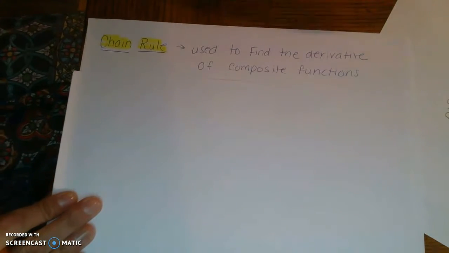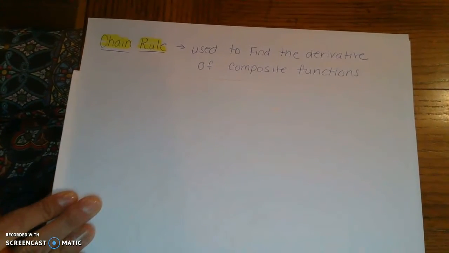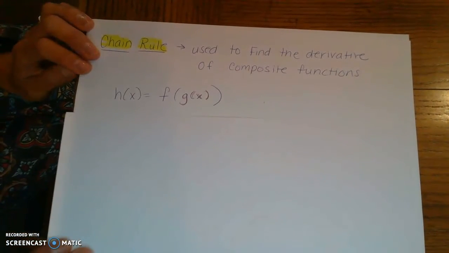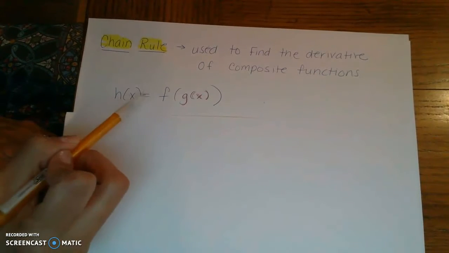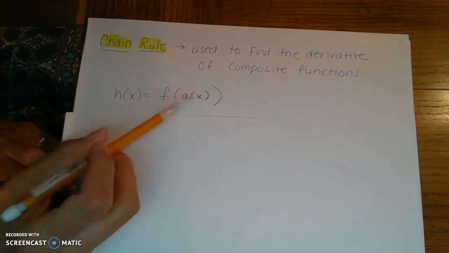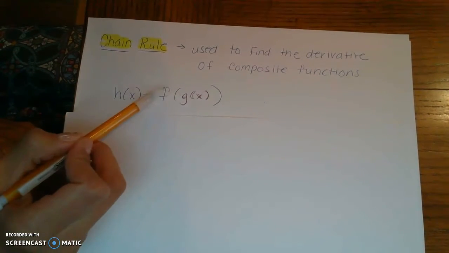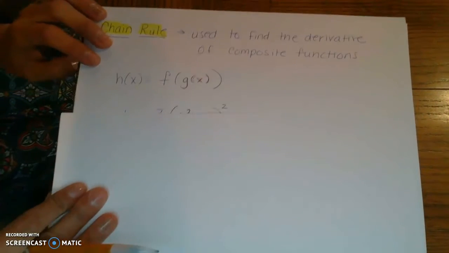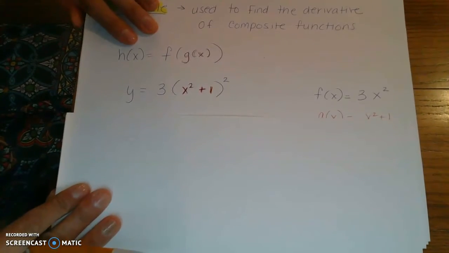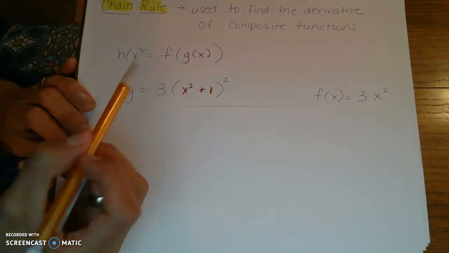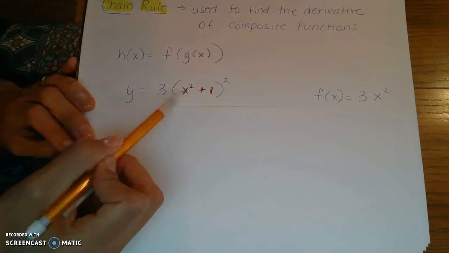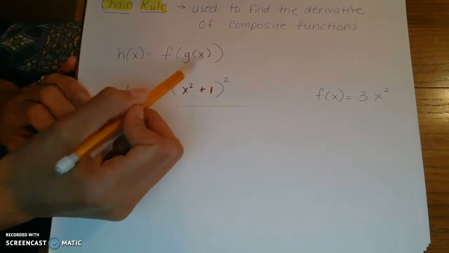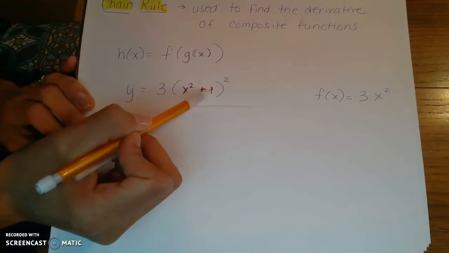composite functions. And what do I mean by a composite function? You've seen in the past that I can have a function that's defined by two functions. If I put one function into another, this is considered a composite function. So here, looking at the problem that we just did, I saw y equals 3, and in red, I created this to be a second function, x squared plus 1.